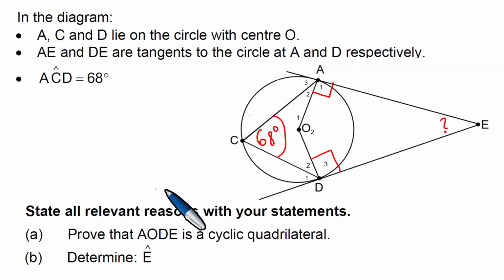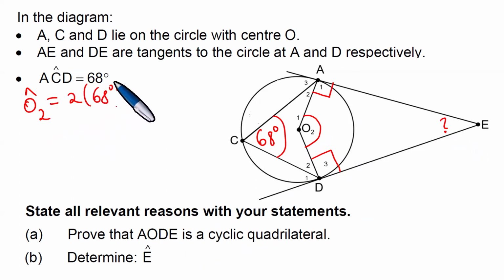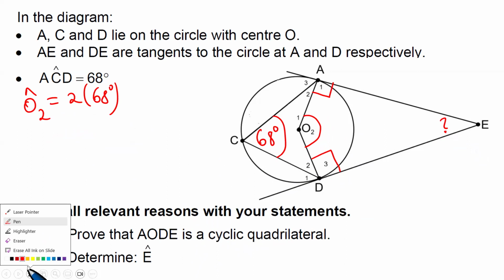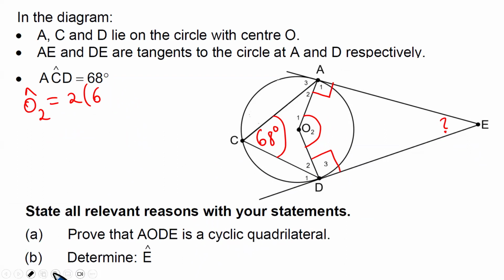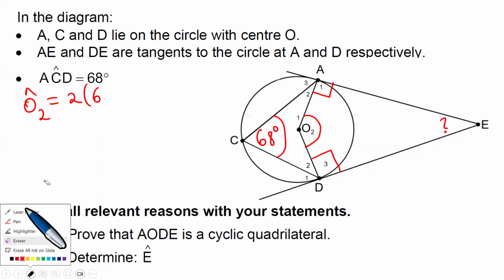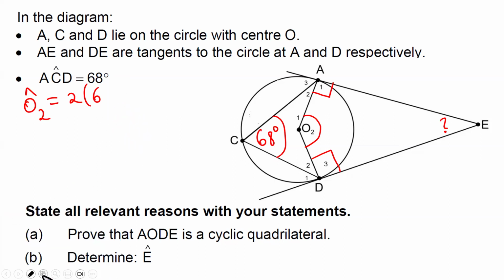First things first, we can find easily the size of the angle O2, and we realize that the angle O2 is equal to 2 times 68 degrees.